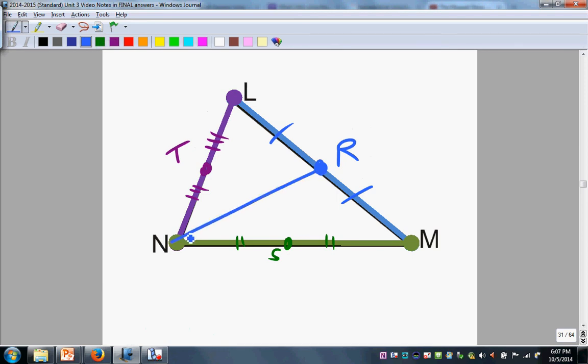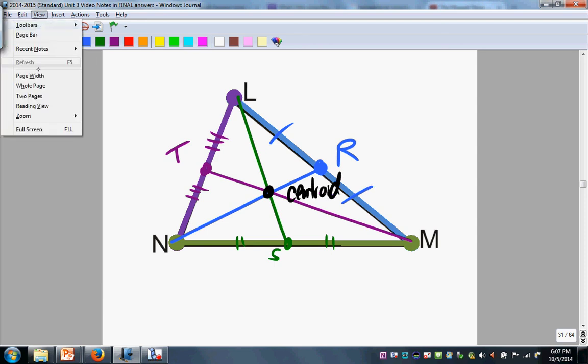There's one median. There's two medians. There's three medians. Darken your centroid.